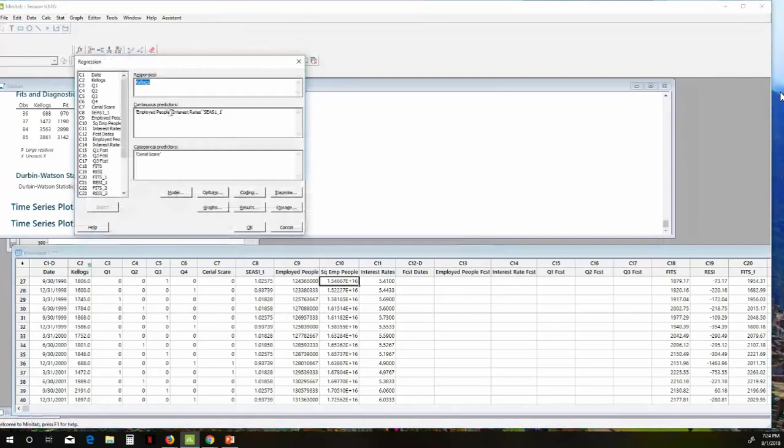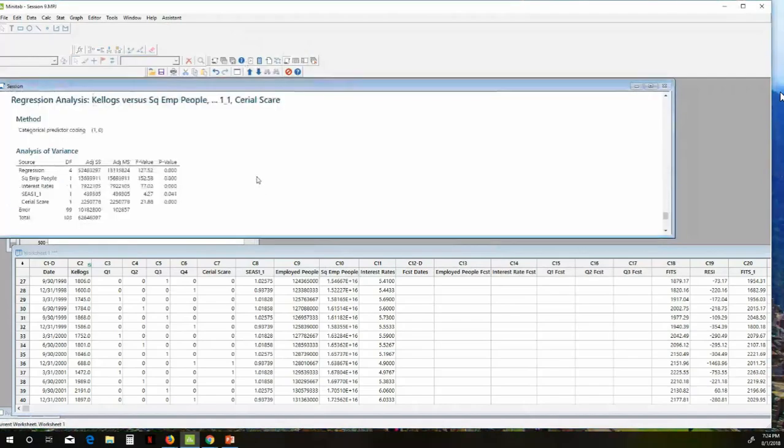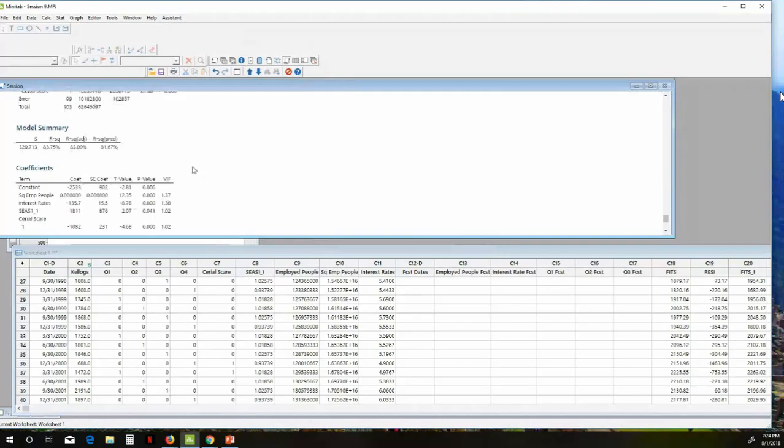Instead of employed people. If I left employed people in there and used the squared employed people, I'd create a multicollinearity. So let's use the squared employed people and the seasonals and see what happens. F statistic looks okay. 83% now.